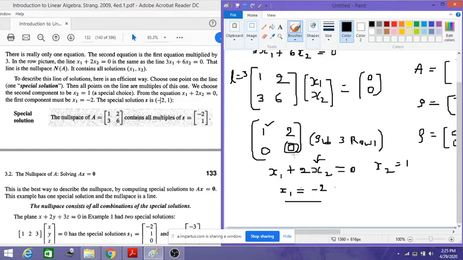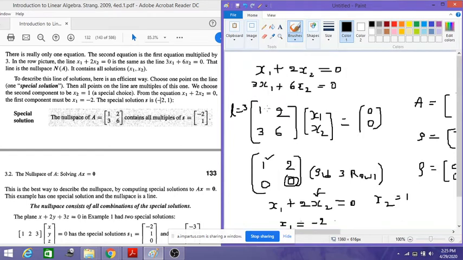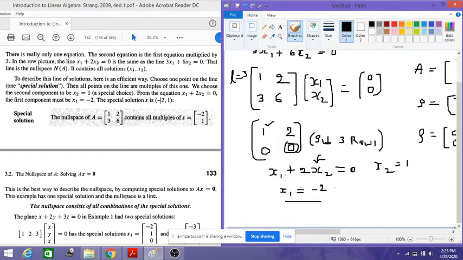So this has become a free matrix. So there is no significance of the second row here. Then we can write the first row again as an equation, that is x1 plus 2x2 is equal to 0. So then this x2 has become the free variable. Why? Because here it has no pivot. So we can substitute x2 equal to 1.